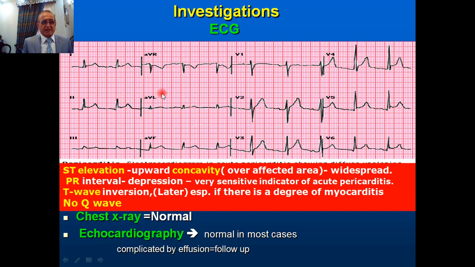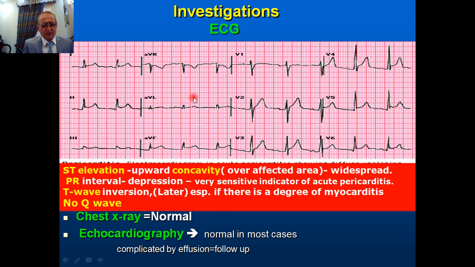So the diagnostic investigation is the ECG, and the important finding in the ECG, interestingly, is ST segment elevation. Again, this will mimic myocardial infarction, but there are important differences. Number one, the ST segment elevation is concave upwards, not convex.